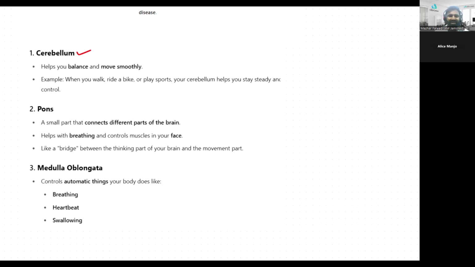It also helps us move smoothly. When you walk, ride a bike, or play sports, your cerebellum helps you stay steady and in control.